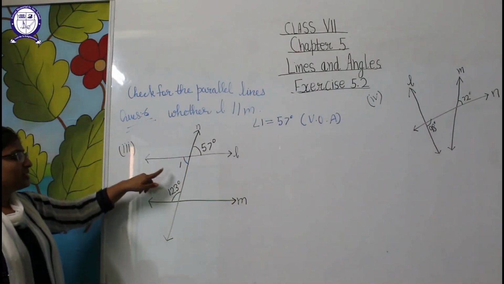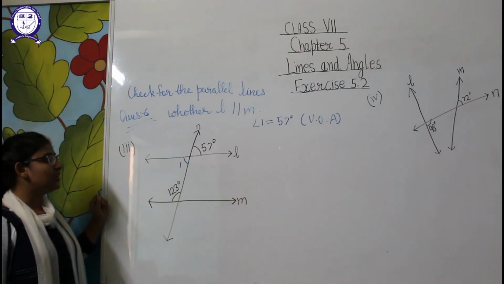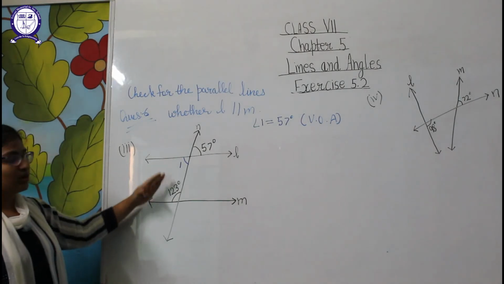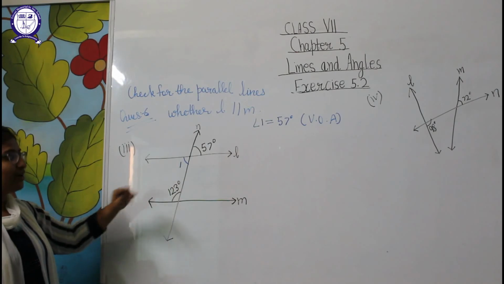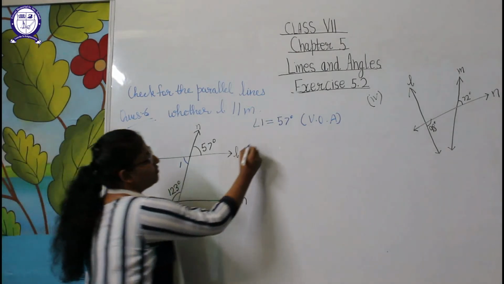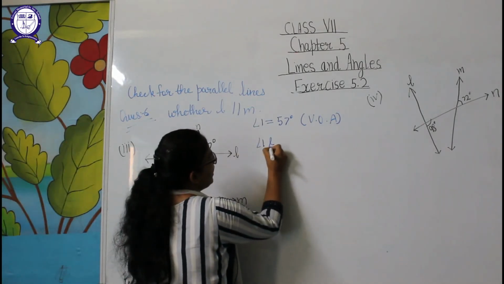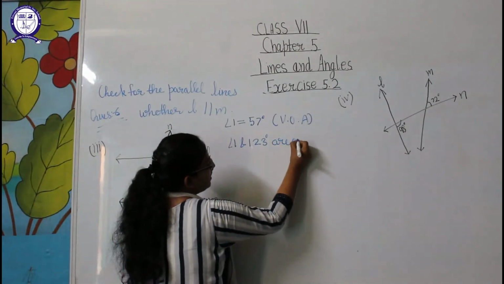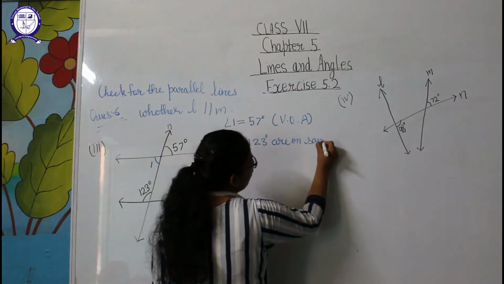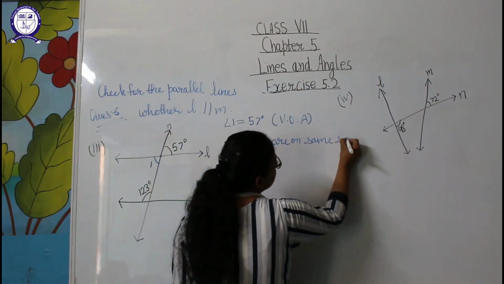Okay, now what is the relation between angle 1 and 123 degrees? They are co-interior angles, or we can say interior angles on the same side of the transversal. So we will write angle 1 and 123 degrees are on the same side of the transversal.